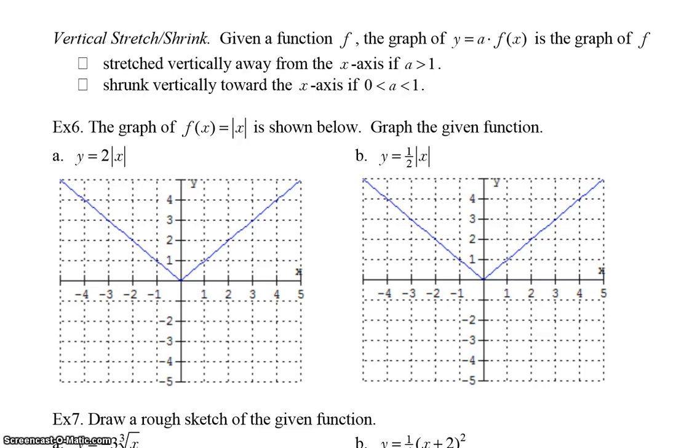However, you will not be held responsible for that particular type of non-rigid transformation. So we'll just focus on the vertical stretch or shrink factor. But just keep in mind that that is related to multiplying the function by some constant a. So on the next video, we'll start with example 6 and look at a couple of examples of this type of transformation.